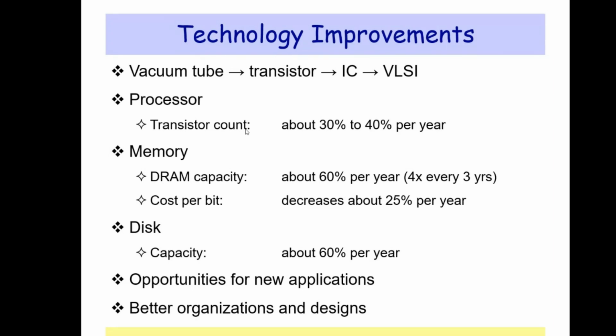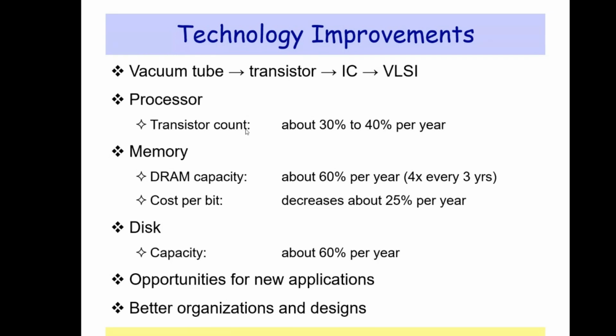Coming to memories, the DRAM capacity, the dynamic RAM capacity, is also increasing about 60% per year. That is a very large increase in memory capacity. Since 2010, when we started with the Samsung Android device within India, it was around 500 MB or 250 MB RAM.